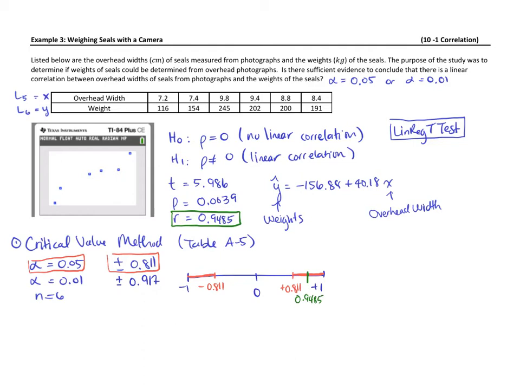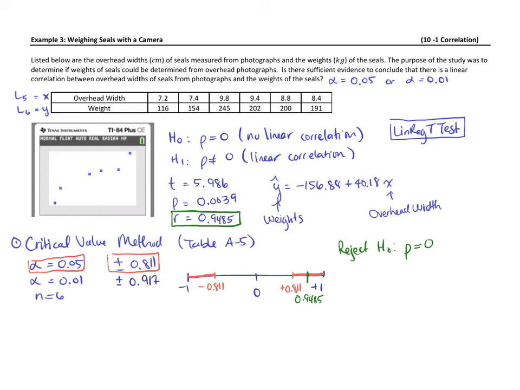Here we can see that our correlation coefficient falls in the critical region, so we would reject the null hypothesis that rho equals 0. That means there is enough evidence to support the claim that there is a linear correlation between overhead width and weight of seals, okay?